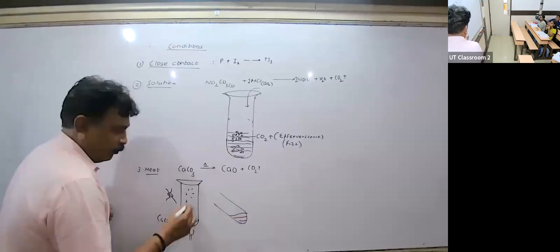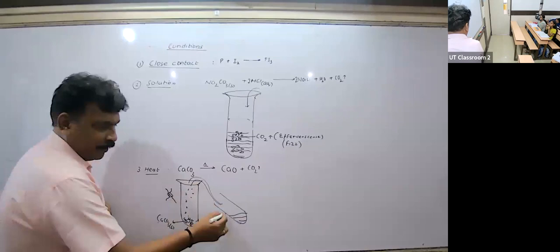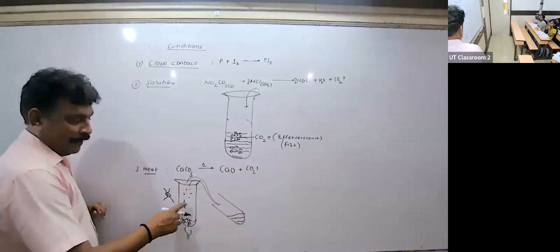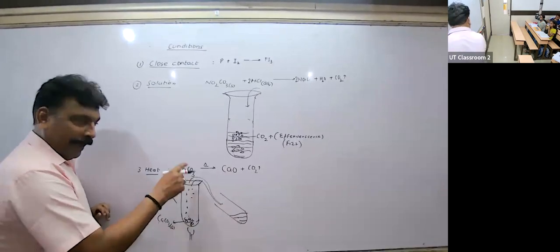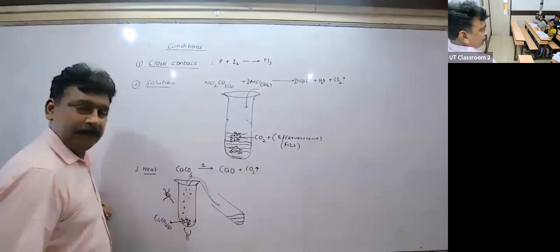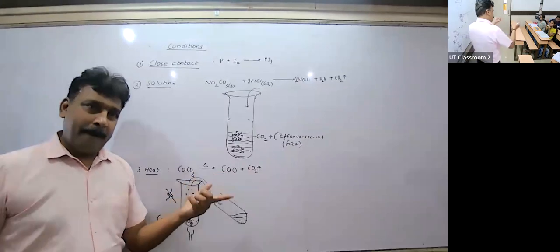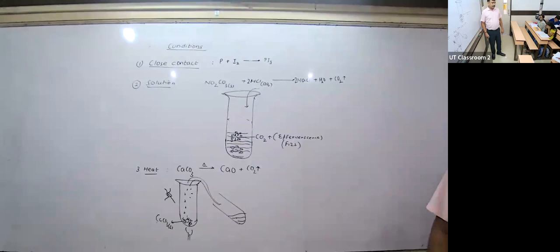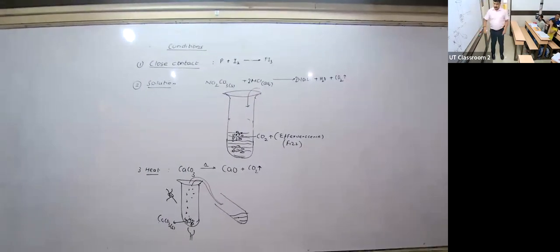The moment carbon dioxide is passed over here, immediately you find the lime water turns milky, indicating that a reaction has taken place. This calcium carbonate has converted into calcium oxide and carbon dioxide. Decomposition with the help of heat. You have carried out that reaction with heat. Okay? Please write down this much and then we will proceed further.